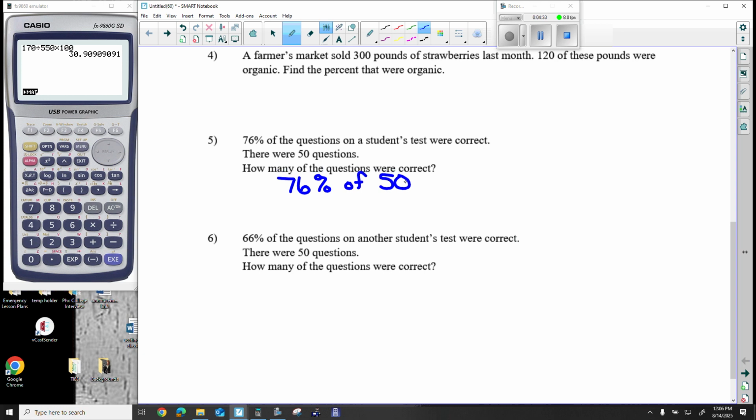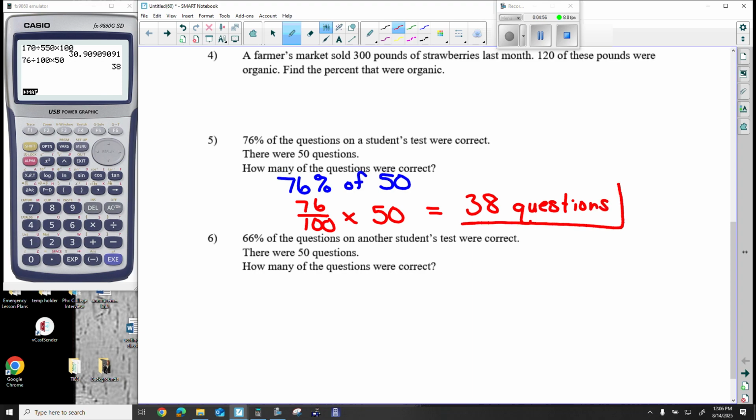All right, so what you do is you take the percentage out of 100 and you multiply it by whatever you're applying it to, aka questions. So 76% of 50 questions would be 38 questions. That is how you use a percentage. All right.